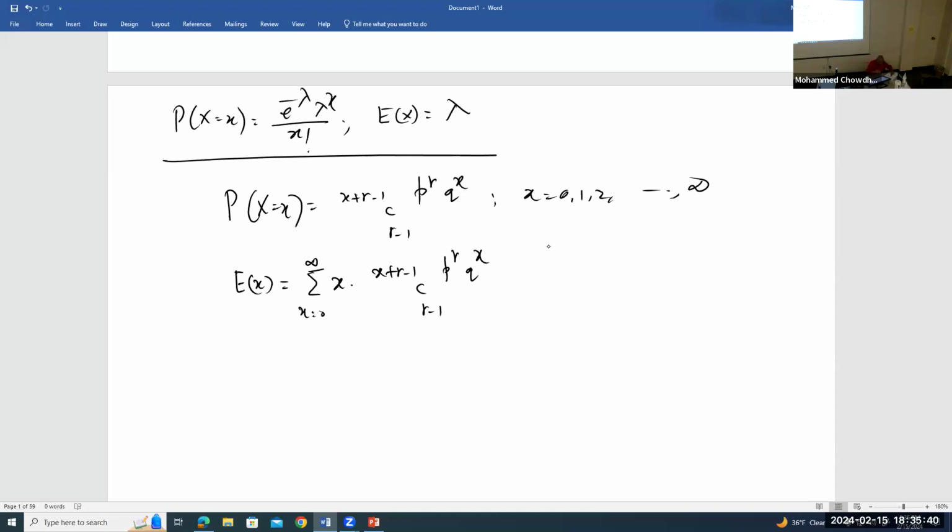Now let me write these things. As p to the power r is constant, we just want to take it out. And then I want to write here the sum over x equal to 0 to infinity of x plus r minus 1 factorial over r minus 1 factorial and x factorial, times q to the power x.